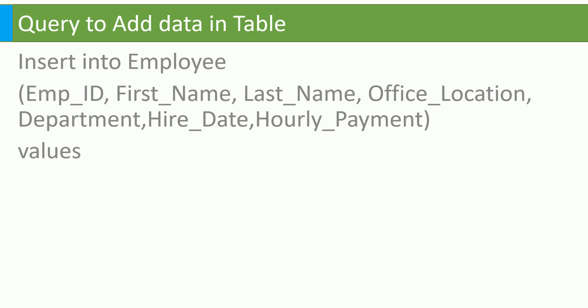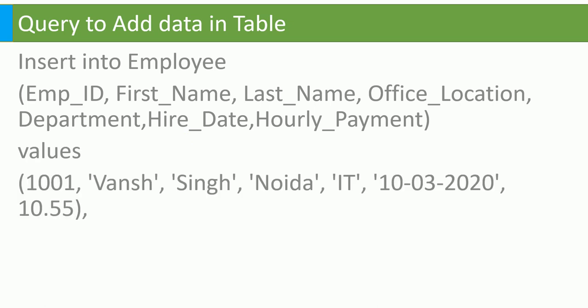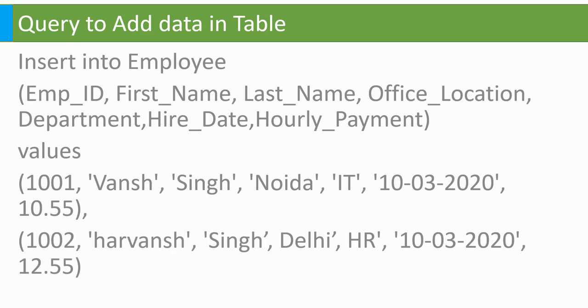Then type VALUES, and in a small bracket type the data in sequence: the employee ID should be first, the first name second, and the third column in the same sequence you would like to add. In a similar way you can type your next value.